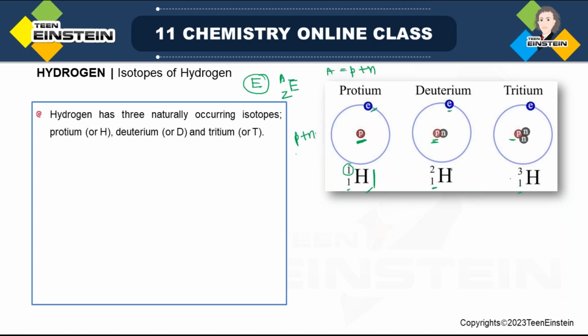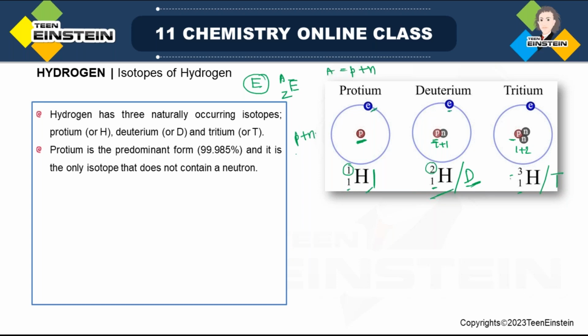In the next case the mass number is 2, because now you have 1 proton and 1 neutron. In the third case it is 1 plus 2, so we have written 3. It is also expressed as D, and the last one, tritium, is expressed as T. So H, D and T. You can write it like this or simply T, both are fine.